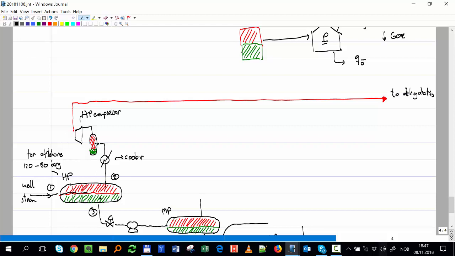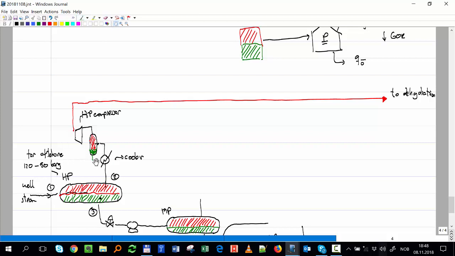Okay, to dehydration. So what do we do with that liquid that we get here? This is oil, right? What is condensing from there is mainly oil. I could use a pump and then send it back here because now the pressure is less.